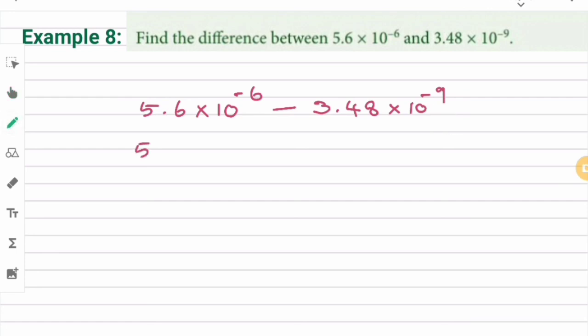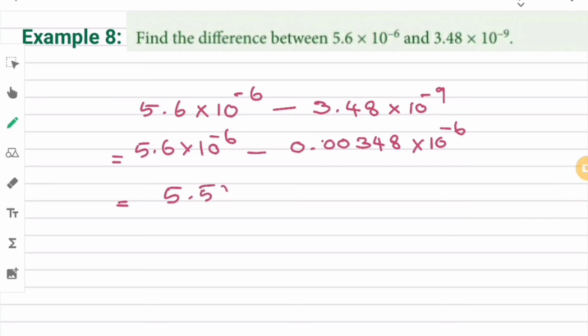So this one as it is, 5.6 into 10 to the power minus 6 minus, this can be written as 0.00348 into 10 power minus 6. Now find the difference. Make it fast. The value is 5.59652 into 10 power minus 6.